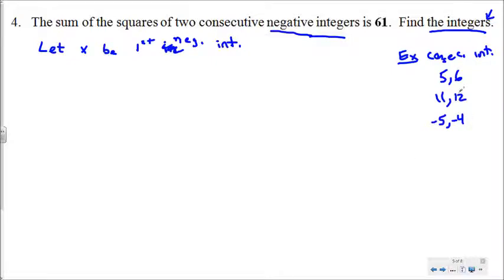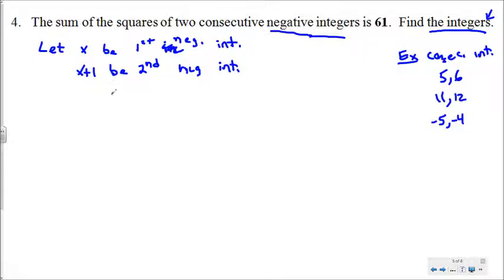Two integers which are directly after each other. Well, if x is the first, then x plus 1 would be the next, or the second, negative integer. So sometimes creating your variables from the equation can be a little bit tricky, but if you think about what it actually says and break it down, it's not too bad.